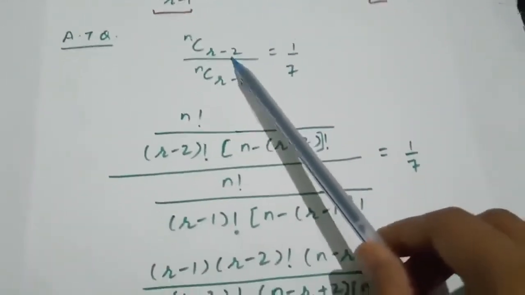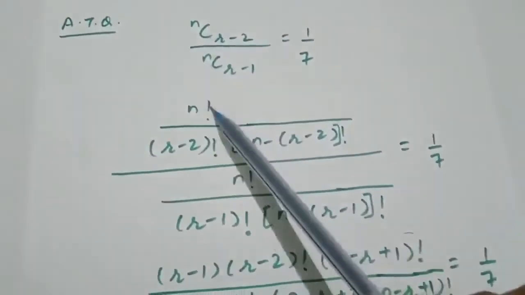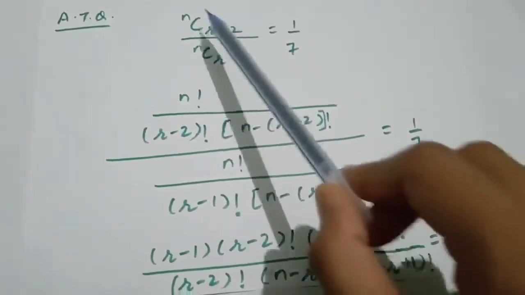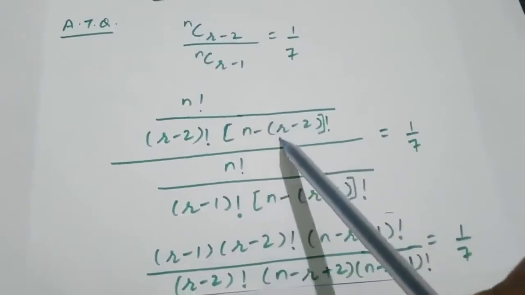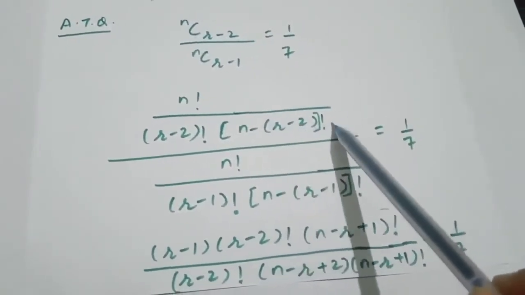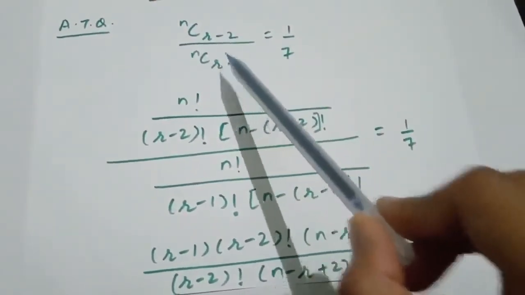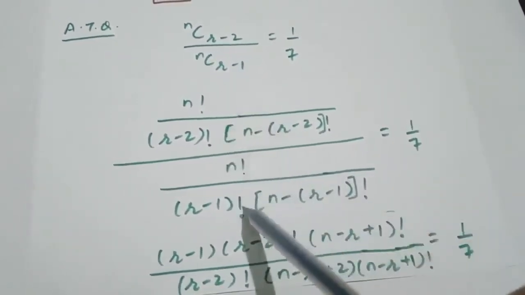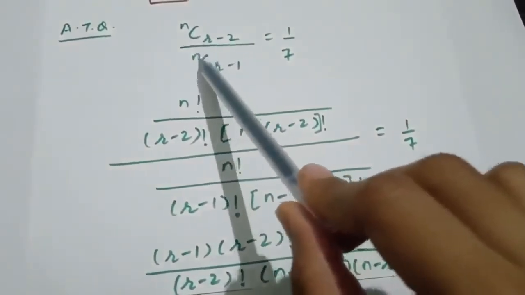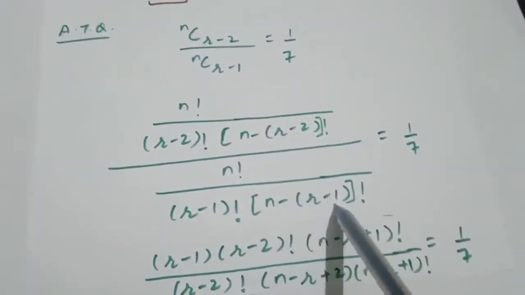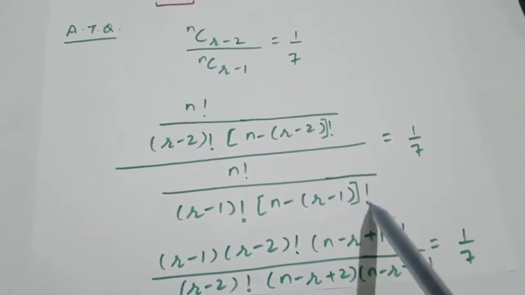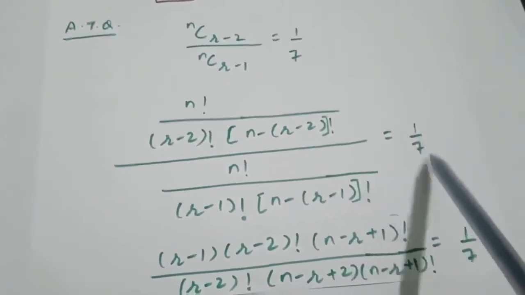Now solving this, n factorial upon (r minus 2) factorial into (n minus r plus 2) factorial, and this will be n factorial upon (r minus 1) factorial into (n minus r plus 1) factorial, equal to 1/7.